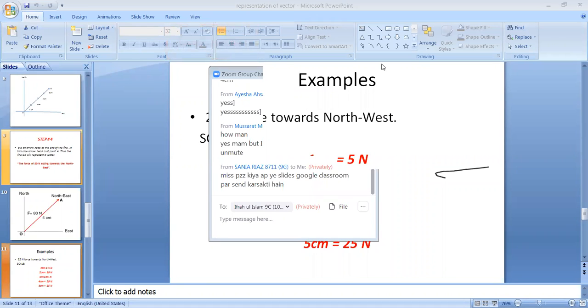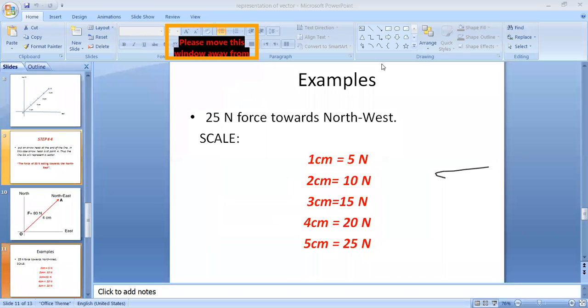Okay, hurry up. You have only 2 minutes. I am giving you 2 minutes. It is right now 12:36. At 12:38, I will share the picture with you.